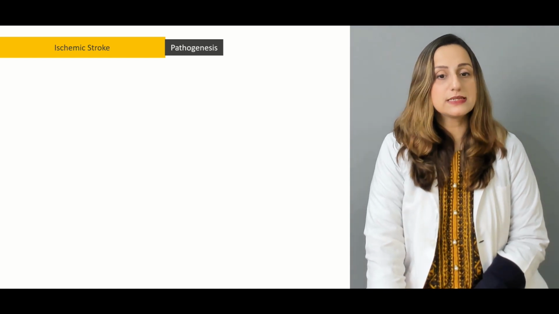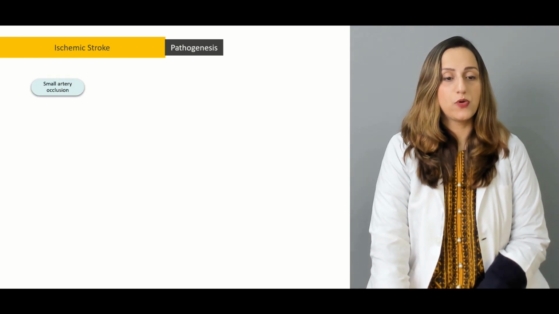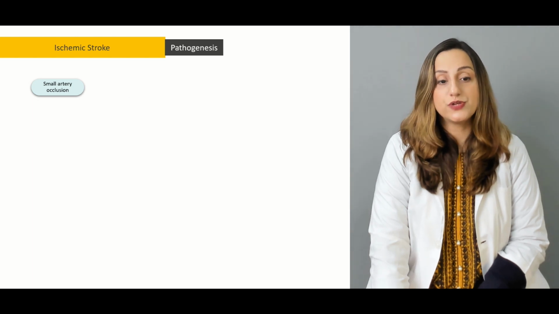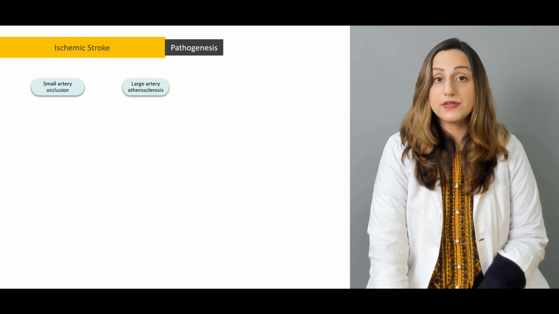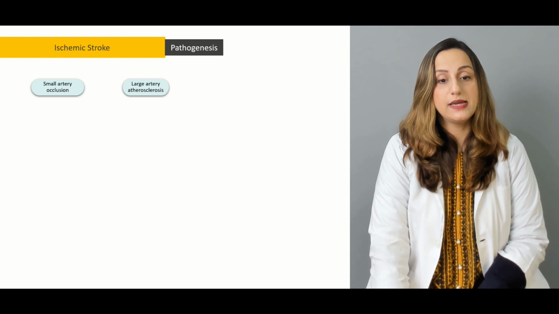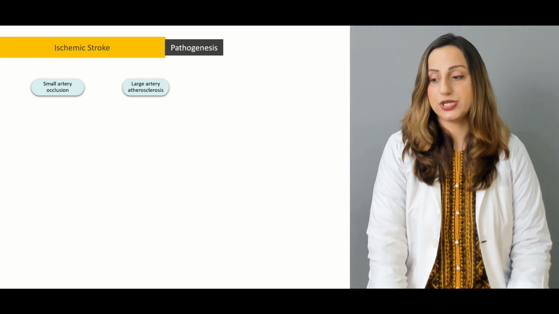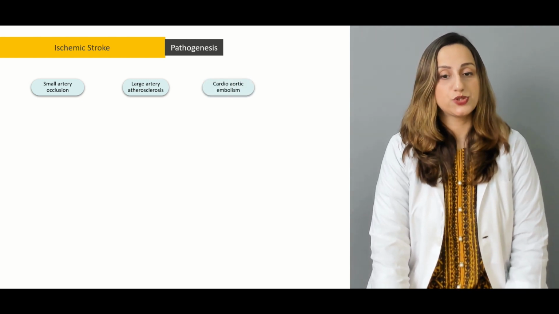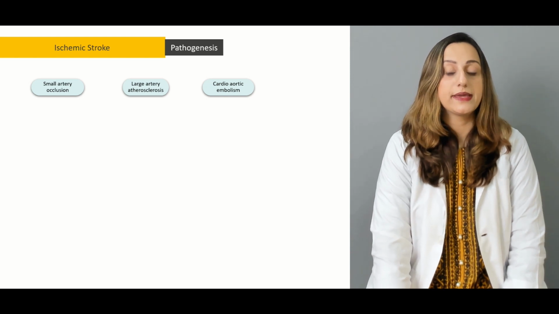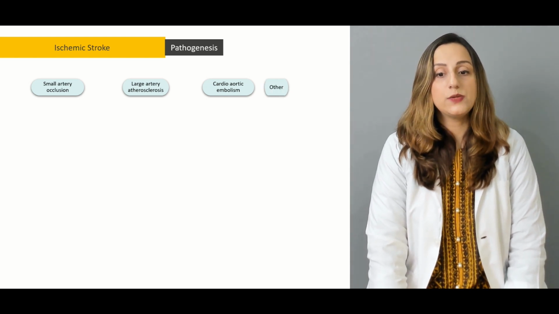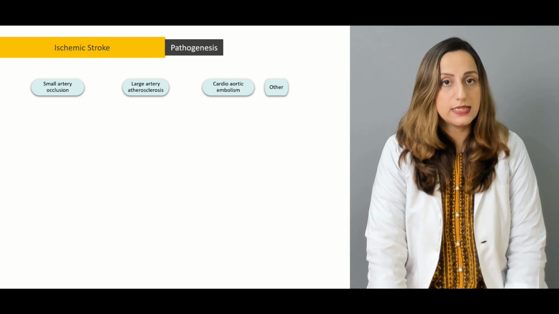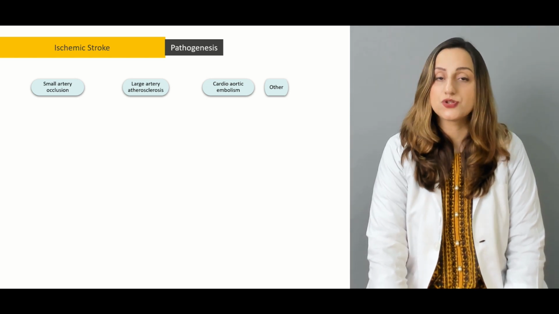So the pathogenesis of the ischemic stroke, as we go about it, if it's a small artery occlusion, and then it can even be large artery atherosclerotic changes that can occur in a particular individual. We have the cardio-aortic embolism. Then we have the other varieties for these ischemic strokes.